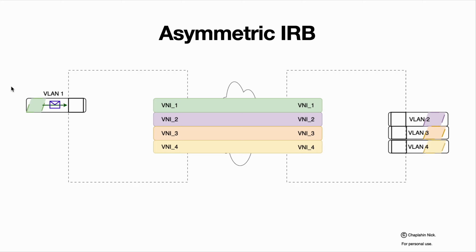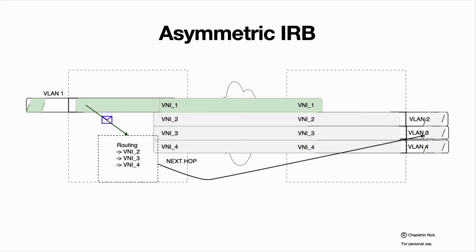How does it work? We receive a packet that needs to be transmitted somewhere, and it is sent for routing. The next hop for the routing, unlike in the symmetric model, is the actual device in some VNI that is supposed to process this traffic. This is how we select which tunnel VNI to use. We route the packet to this tunnel VNI according to the next hop.